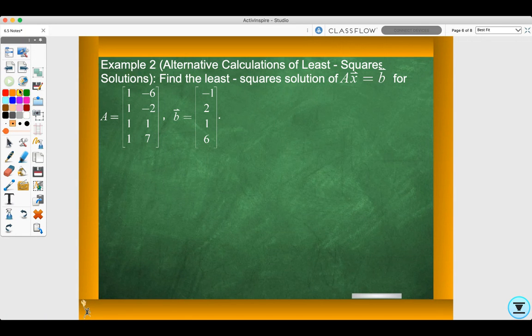Example 2. In alternative calculations of least squares solutions, find the least squares solution of Ax equals b for this A and b.